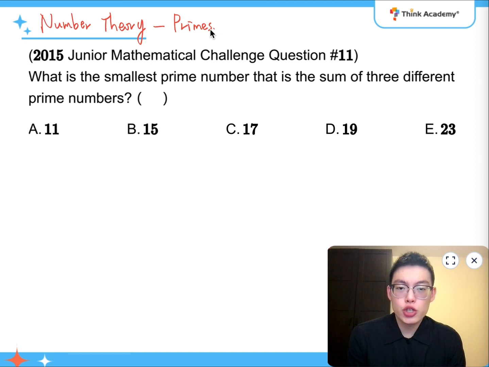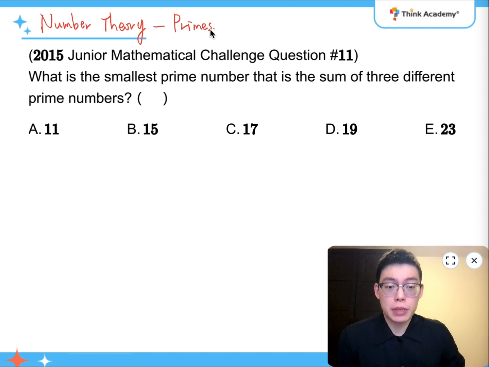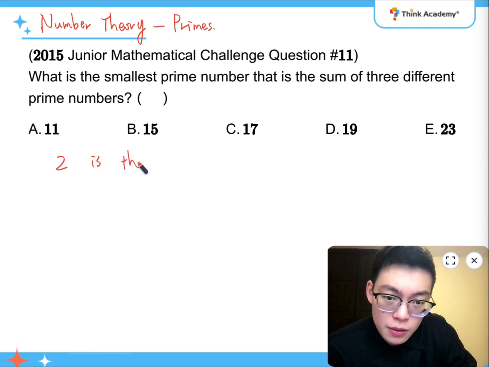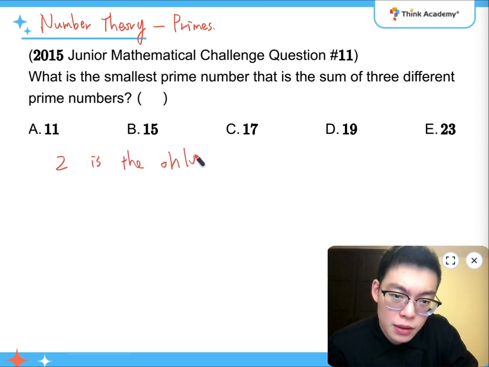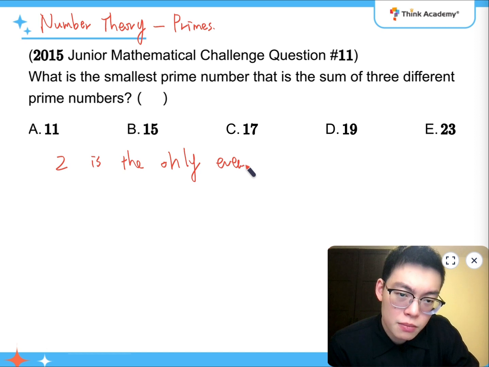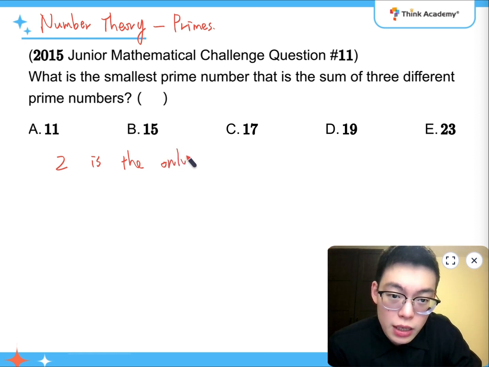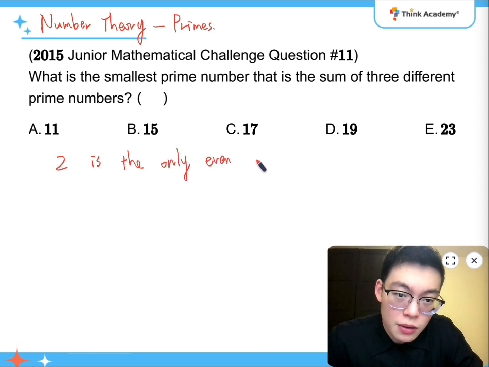Can we use the prime number 2 if I want 3 different prime numbers to add up to the smallest prime number? Apparently not, because 2 is the only even prime.